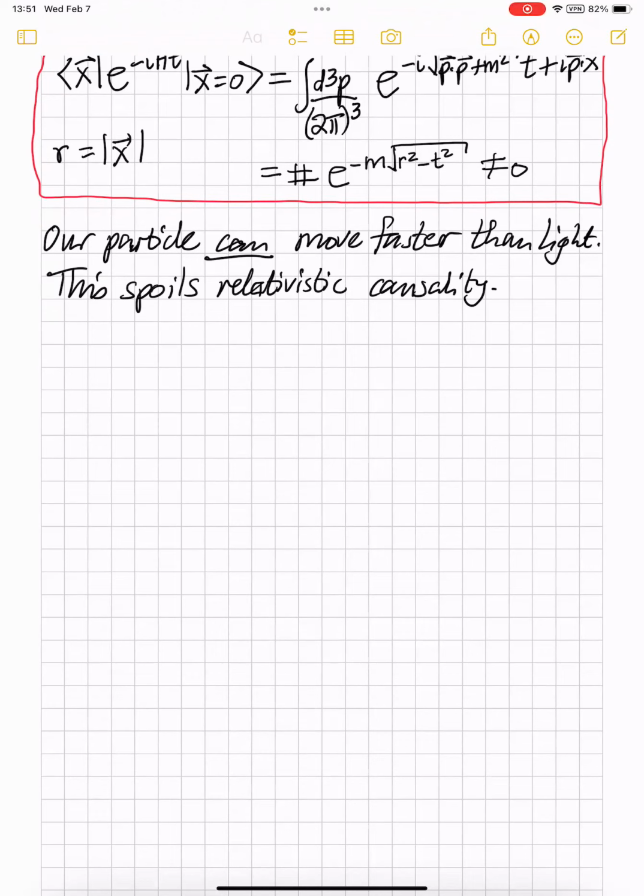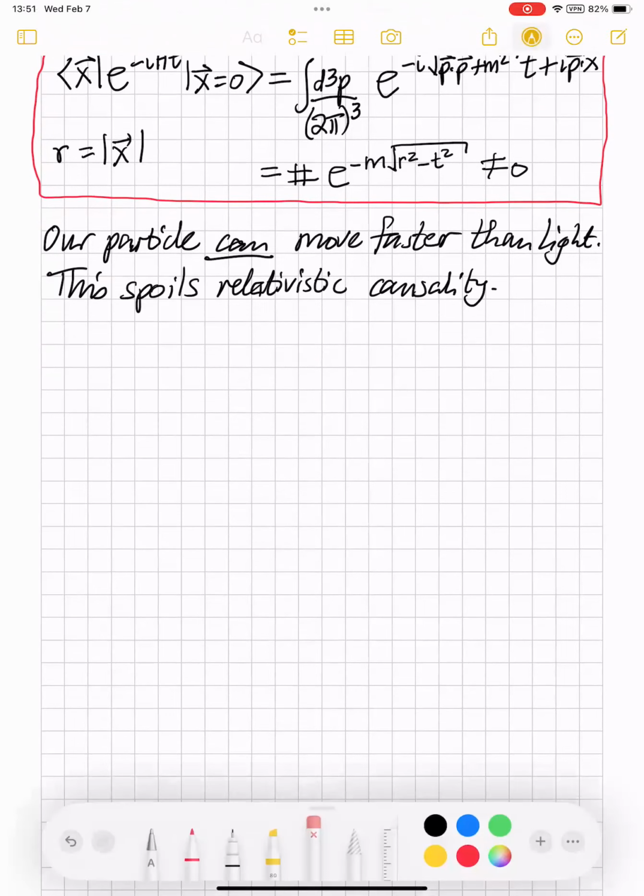So let's say our particle is a photon, and let's trap our photon.